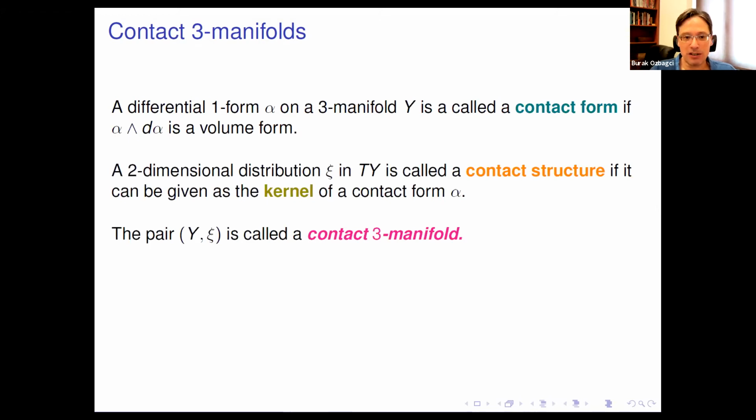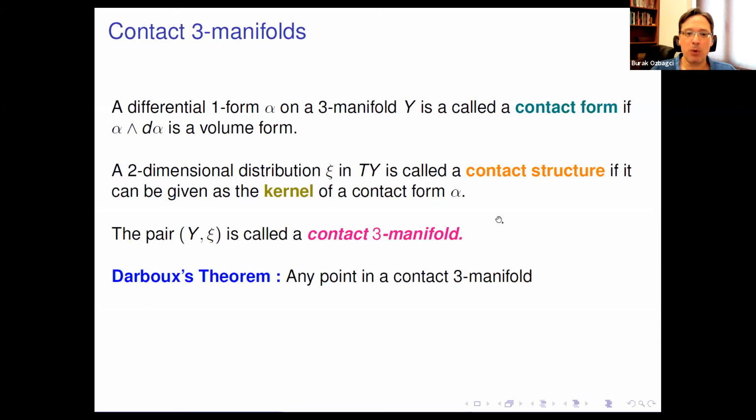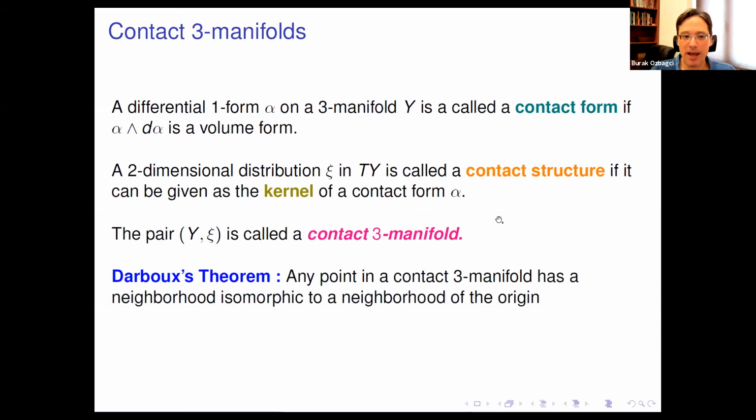There is a result known as the Darboux theorem, which says that there are no local invariants of a contact manifold. So any point in a contact 3-manifold has a neighborhood isomorphic to a neighborhood of the origin in the standard contact structure xi, given as the kernel of dz plus x dy in R3. So locally, you cannot distinguish contact 3-manifolds, and contact manifolds in general.